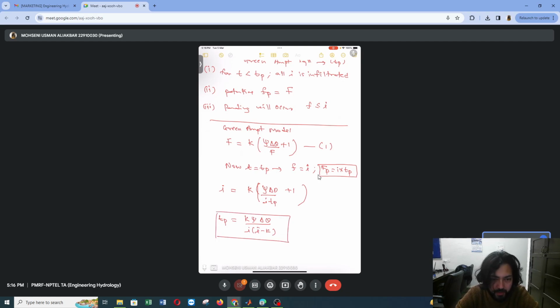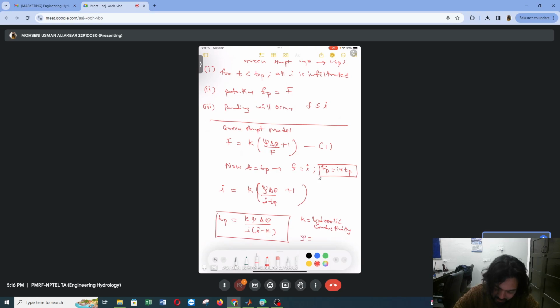Calculate ponding time. If we look at this equation, we can say that the ponding time is dependent on 4 variables, right? And what are those 4 variables? The first is hydraulic conductivity K. Whenever hydraulic conductivity is more, we can say that the ponding time will be more, which is obvious. Next is psi, which is suction head.